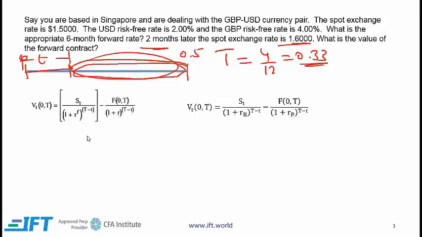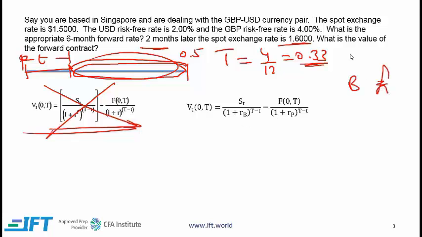But again, here is the formula that you will see traditionally in many textbooks with the foreign currency rate, and then the other currency is the domestic currency, but I don't like that. We will work with the base currency and the price currency. We've already established that the base currency is the pound and the price currency is the dollar. So we know what rates to use over here.